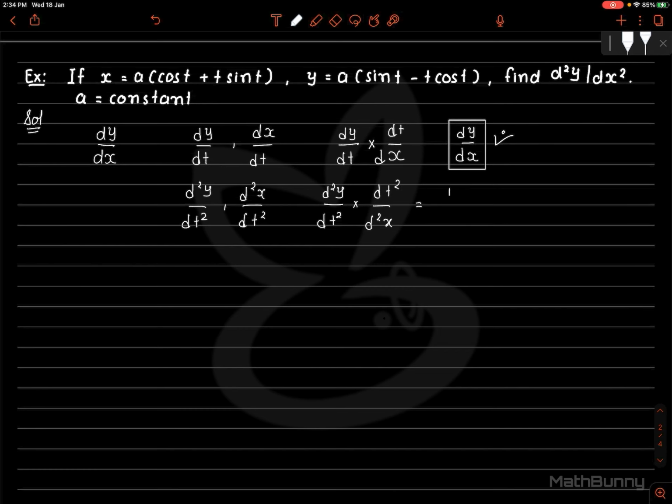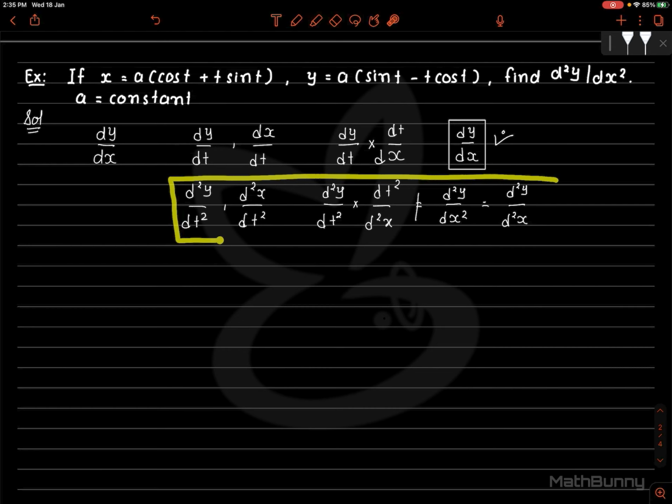This is not equal to d square y upon dx square. This is actually equal to d square y upon d square x. This is the main reason for solving this question. It is quite easy.